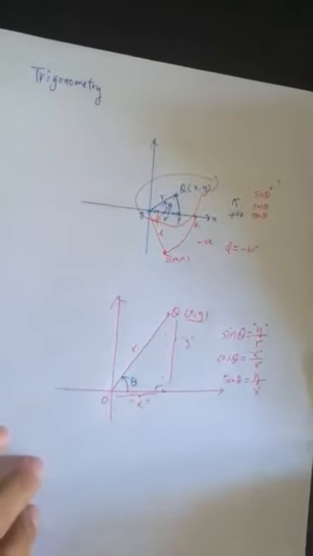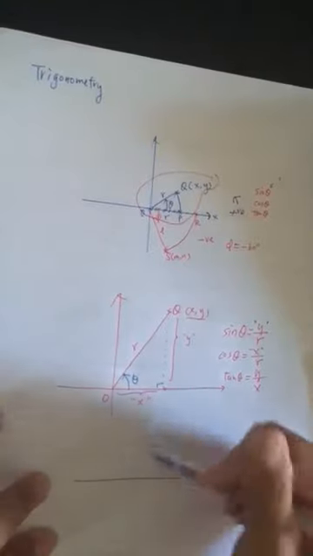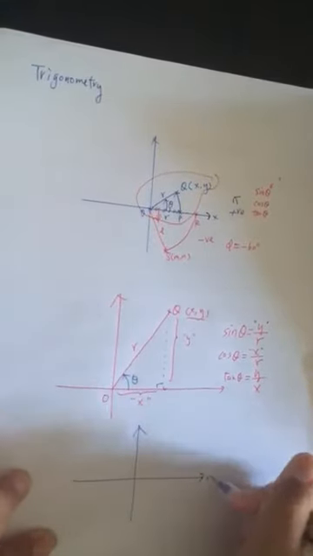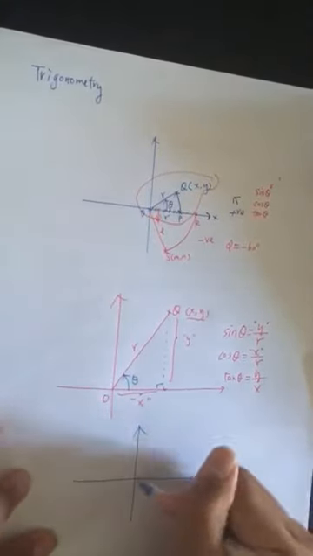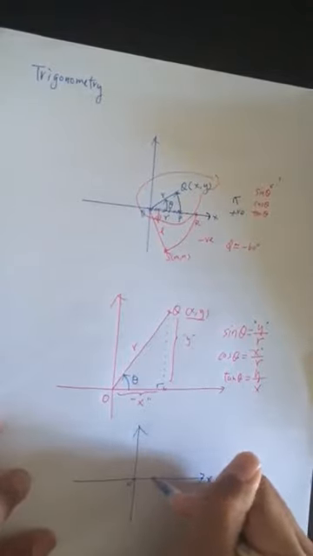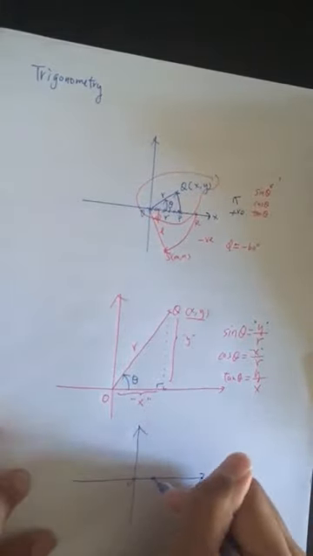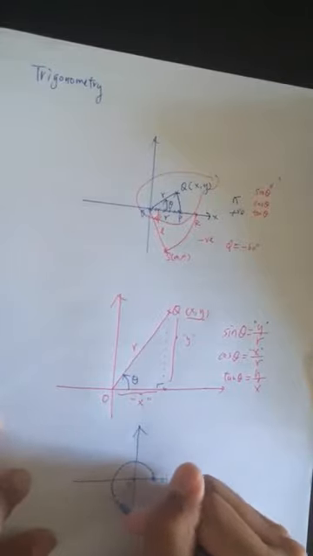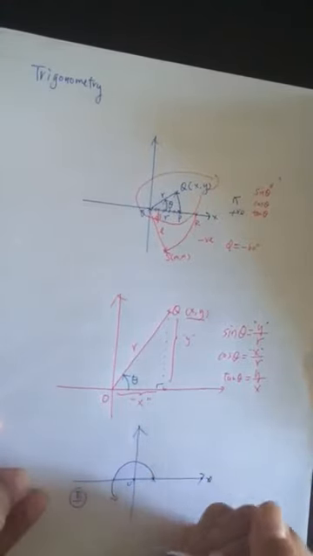Okay, that's why if we try to talk about, for example, we have an angle here from the initial side, and then it goes around maybe to quadrant 3. This is quadrant 3, remember.